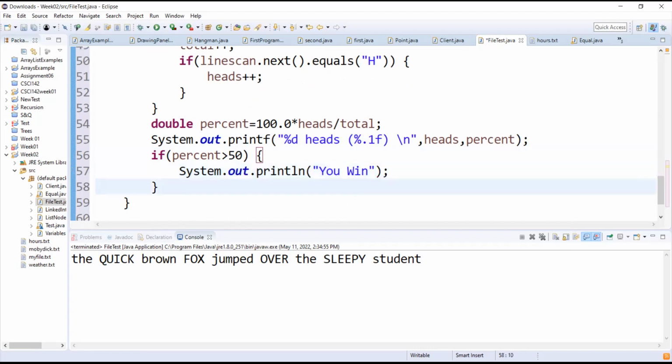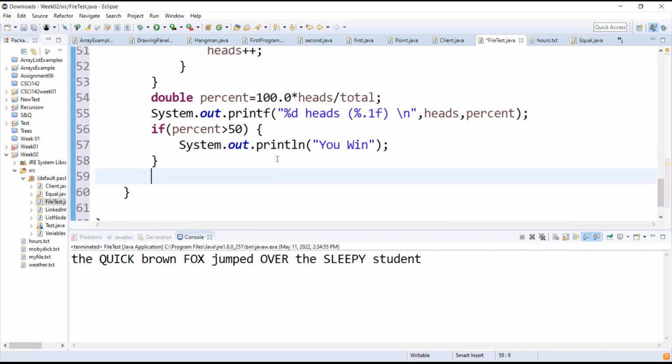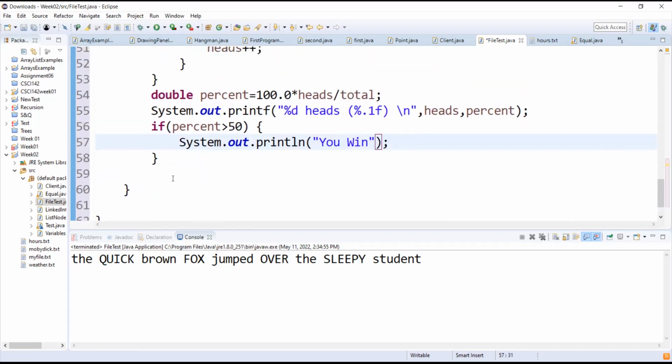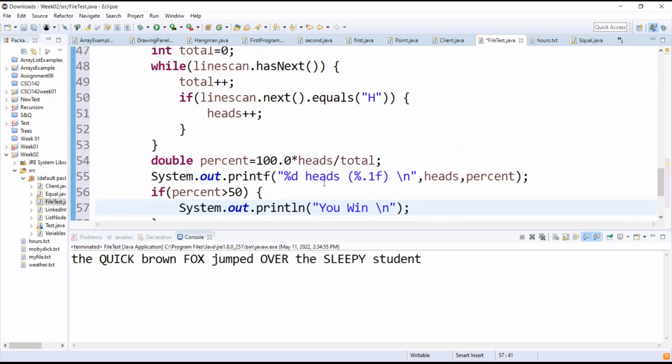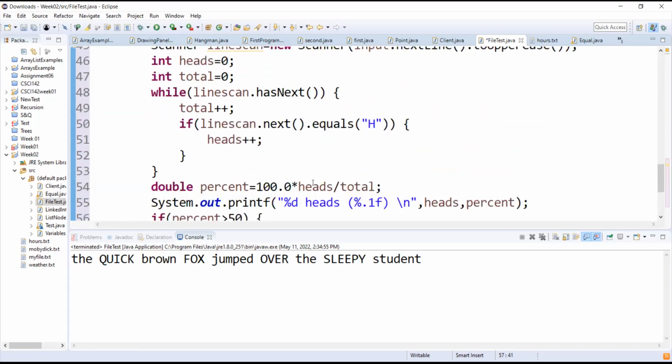Else, do nothing, don't print anything, so we don't have to write the else. Or we can put a separate line, one more statement, you win, or you can do \n here just to make a cool format.